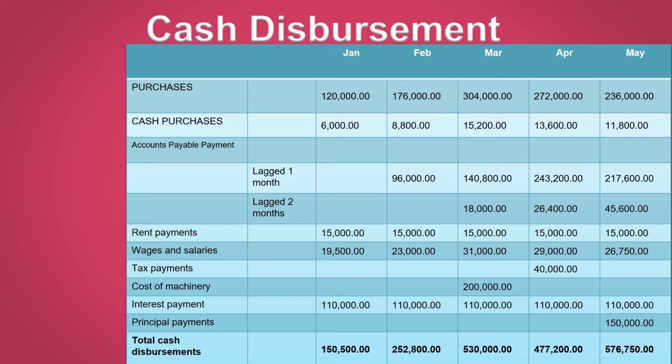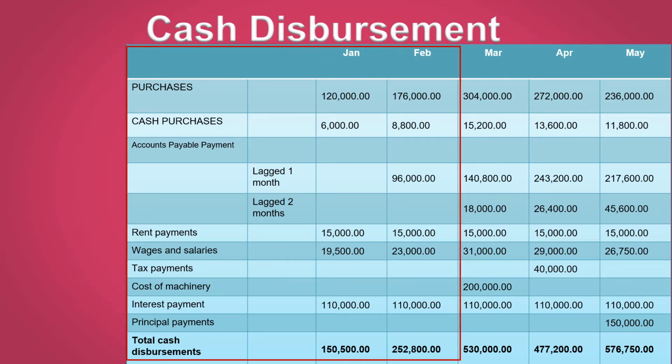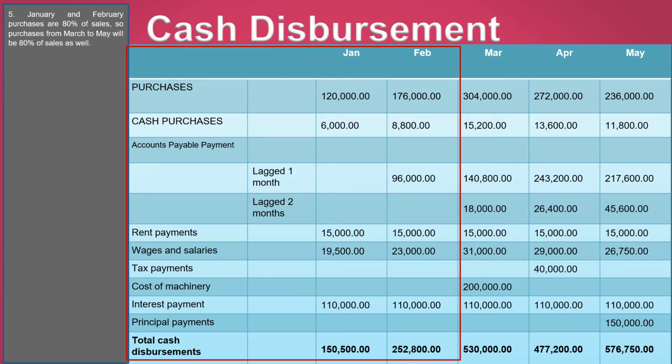First is forecast the business monthly purchases. Purchases in January and February were 120,000 and 176,000 respectively, meaning it represents 80% of sales. So January and February purchases are 80% of sales, and purchases from March to May will be 80% of sales as well.